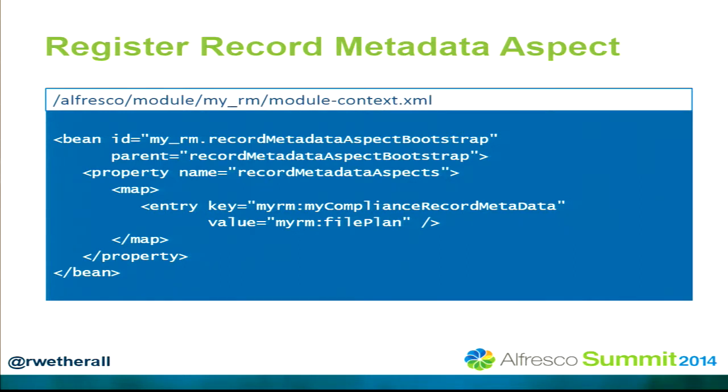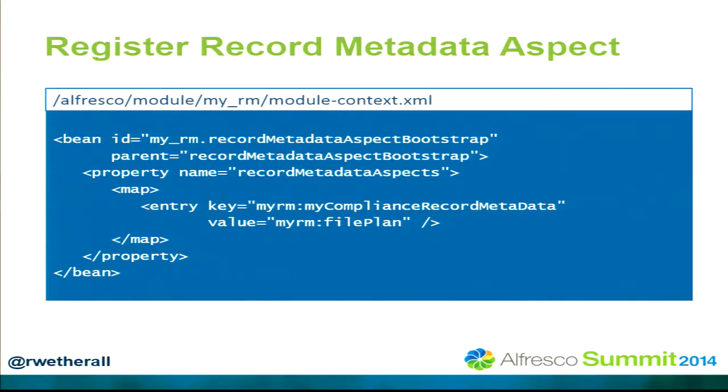Okay, so you can see again we provide these parent beans for your convenience, so you can use this record metadata aspect bootstrap bean and specify all the properties that you want to register. So you can see we're literally registering that My Compliance record metadata aspect against my RM file plan.